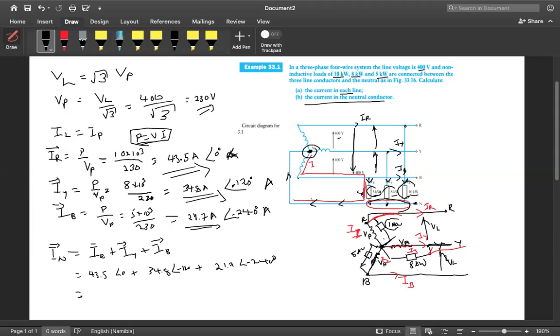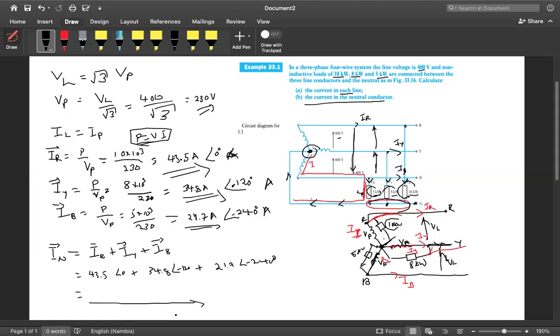These are my currents. Now if I simplify this, you solve, and then what are you going to find? Let me do the calculation. I wanted to ignore it, but I can't.